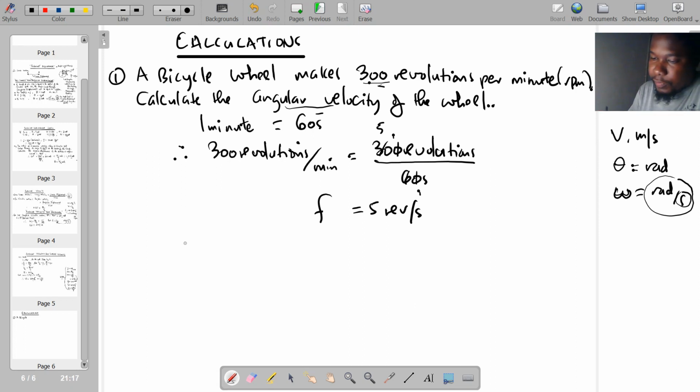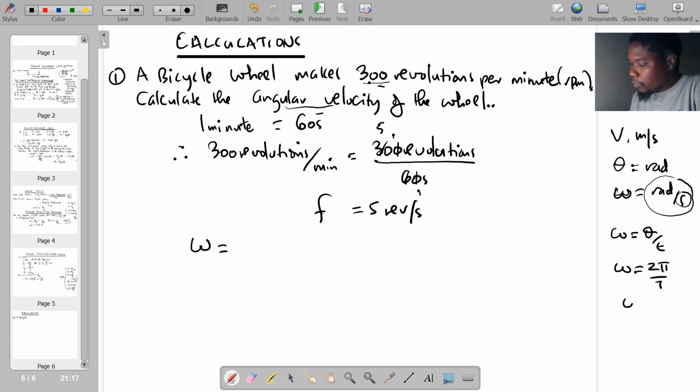To find angular velocity, remember this, we have frequency, and the formulas for angular velocity are theta over time, but also we have 2 pi over T, and also we have 2 pi f.